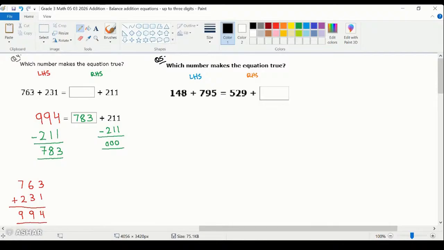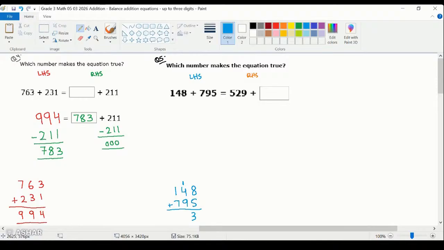So when we add the numbers on the left side, 148 plus 795. 8 plus 5 is 9, 10, 11, 12, and 13. That means there are 13 ones. So we write down the 3 and we carry 1 to the tens. Agreed?